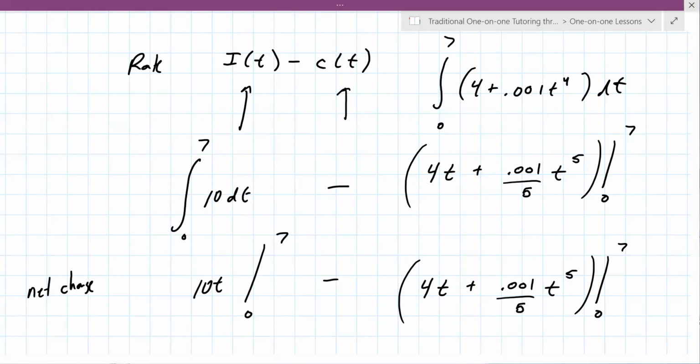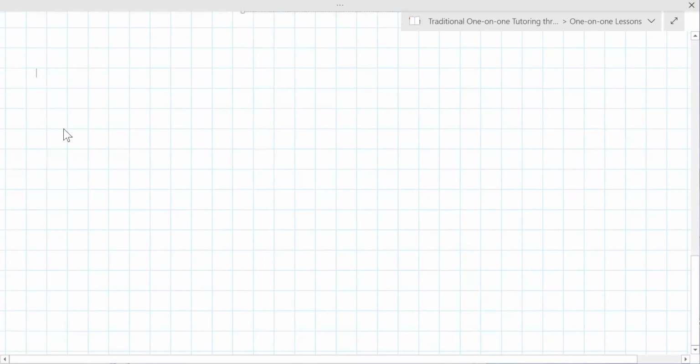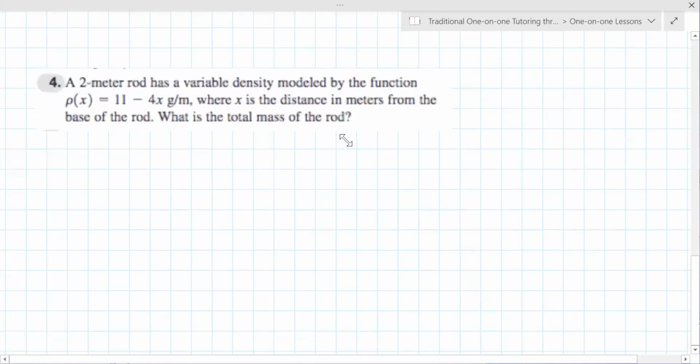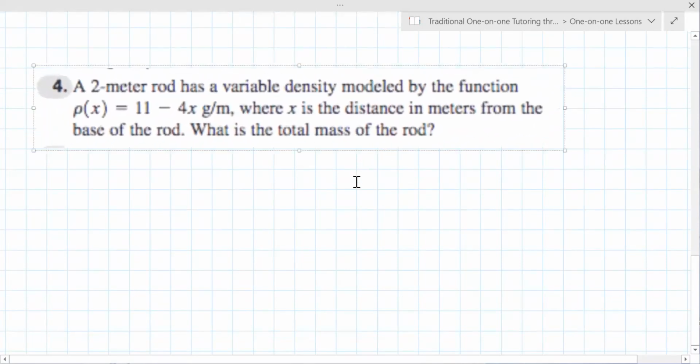Let's look at number 4 because it's just a setup problem. A 2-meter rod has a variable density modeled by the function rho of x equals 11 minus 4x grams per meter.